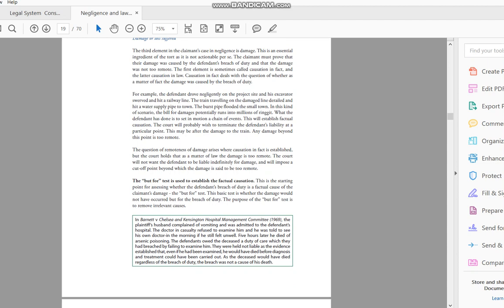The purpose of this is to remove some irrelevant cases, because sometimes some people are being unreasonable. So if these events happen and finally cause that damage, it must be from that breach.